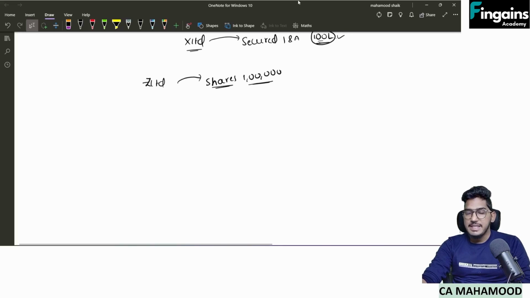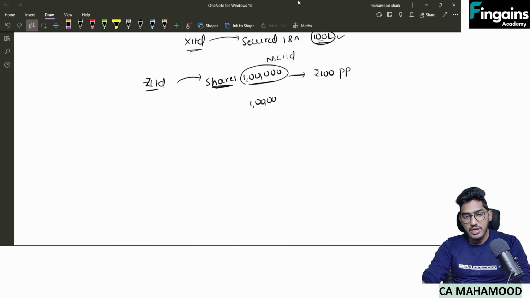Now this company is selling their investment. They have 1 lakh shares of ABC Limited. They bought these shares at a purchase price of 100 rupees per share. But in the current year, your client company has sold all these 1 lakh shares, but the selling price is 90 rupees. At 90 rupees, they have sold it.